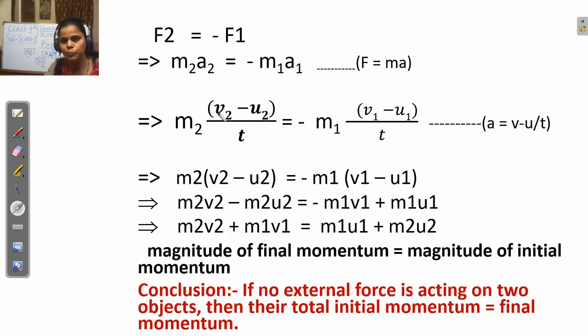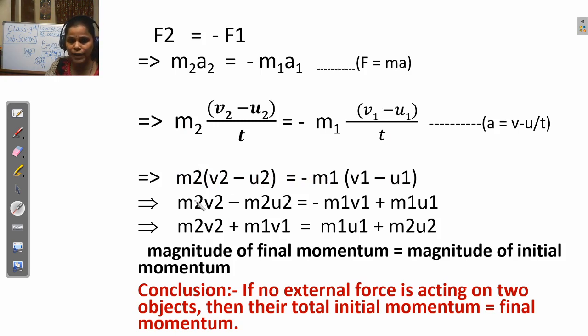So instead of a2, put v2 minus u2 upon t, because a2 is the acceleration of object B. So m2 times (v2 minus u2) upon t equals minus m1 times (v1 minus u1) upon t. Then t and t cancel out.